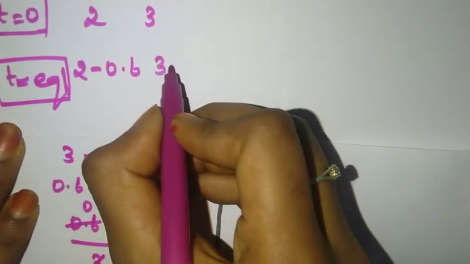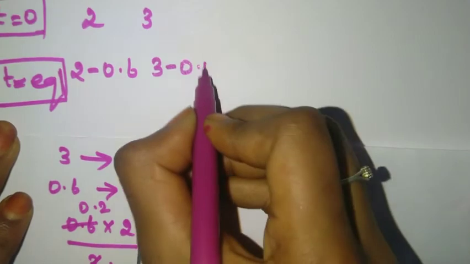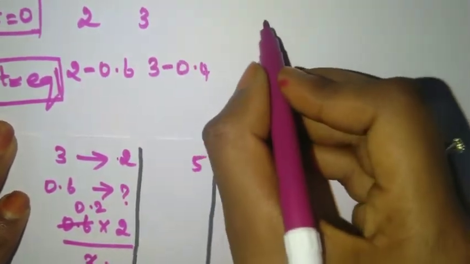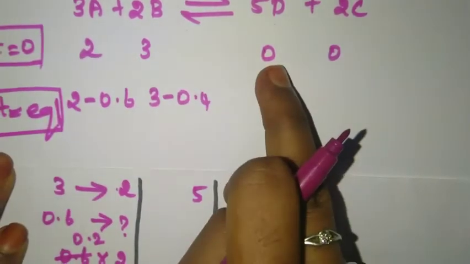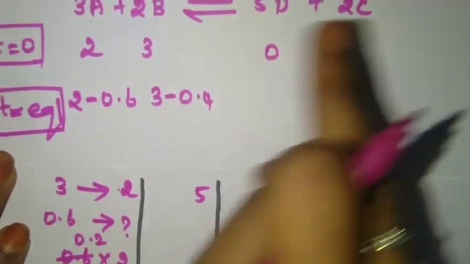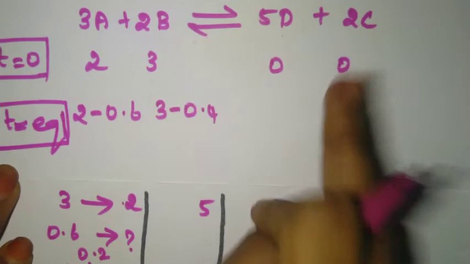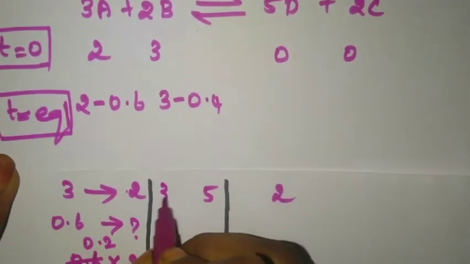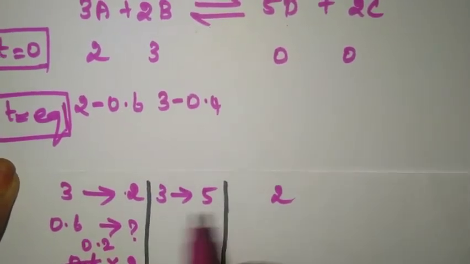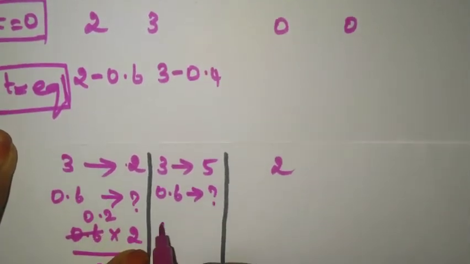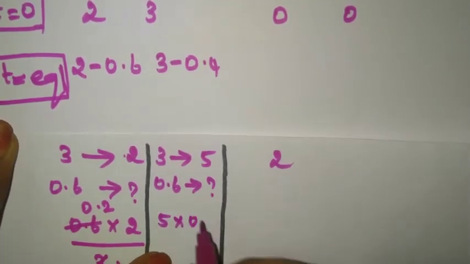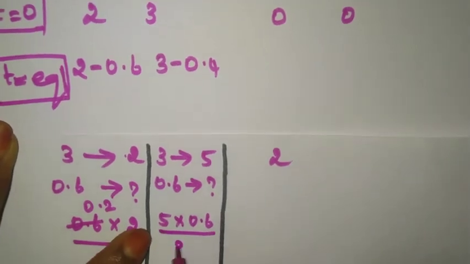So here 3 minus 0.4. And here these are not yet started, so it is 0. When the reaction has not started, there is no formation of C and D, so we have to put 0 for that. And here 3 moles dissociated gives 5. So how much does 0.6 give? It is 5 into 0.6 by 3.